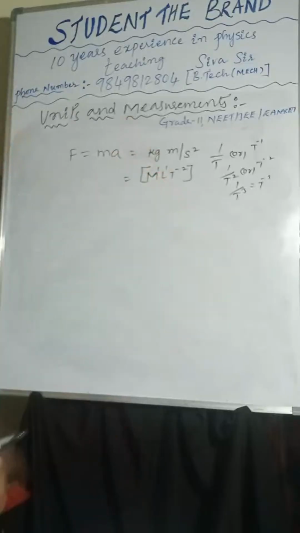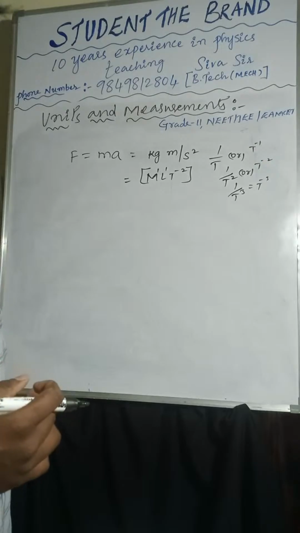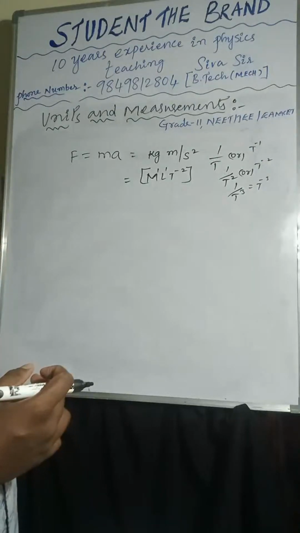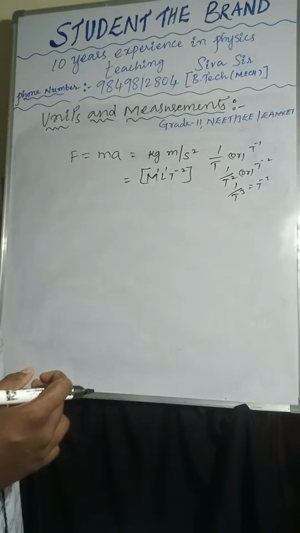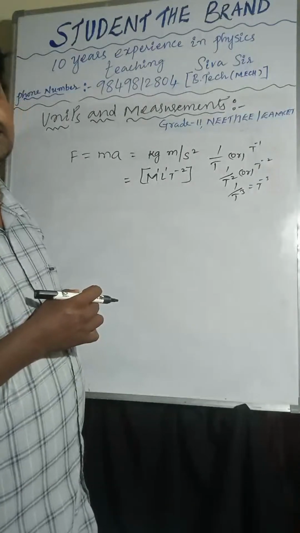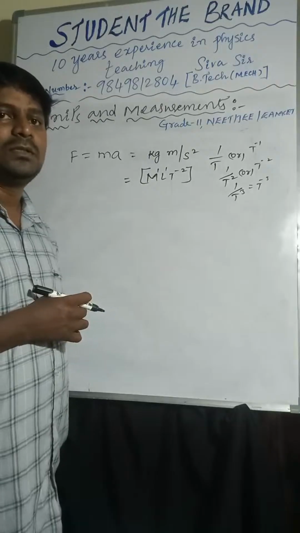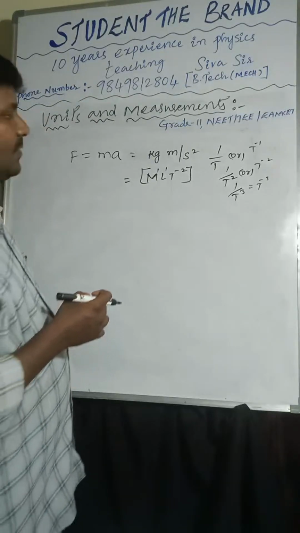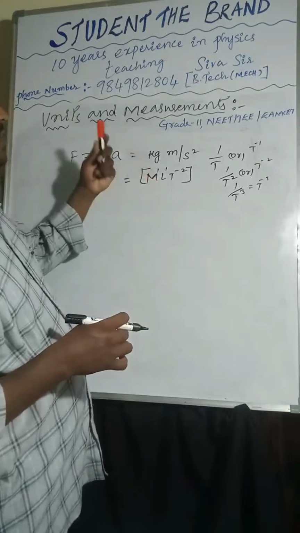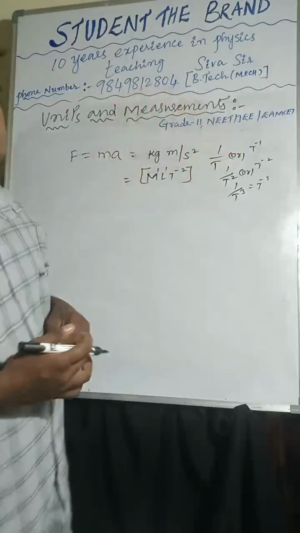So M power 1, L power 1, T power minus 2. 1 by T we can write T power minus 1, 1 by T square we can write T power minus 2.